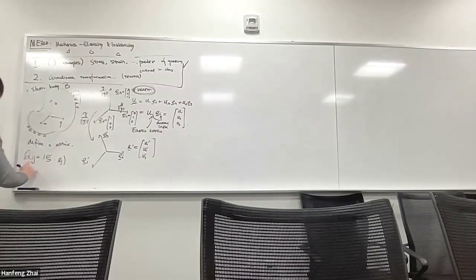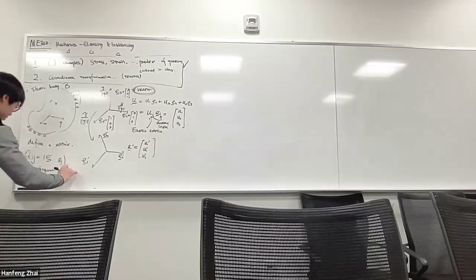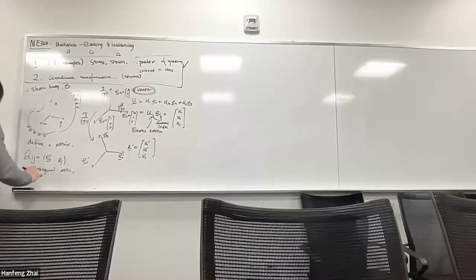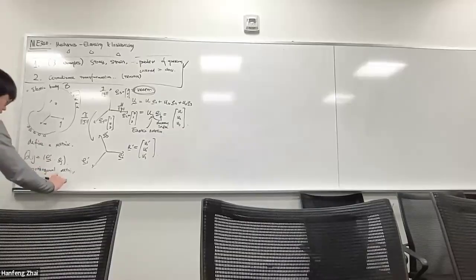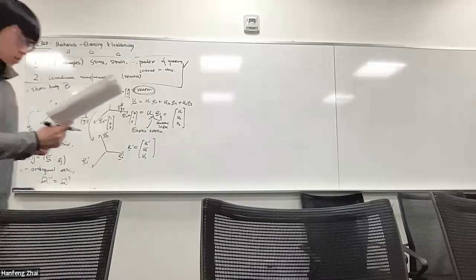And this Qij is an orthogonal matrix. Orthogonal means, if you take linear algebra, you're probably very familiar with this part, the inverse of the matrix equals the transpose of the matrix, which is a property of the orthogonal matrix.